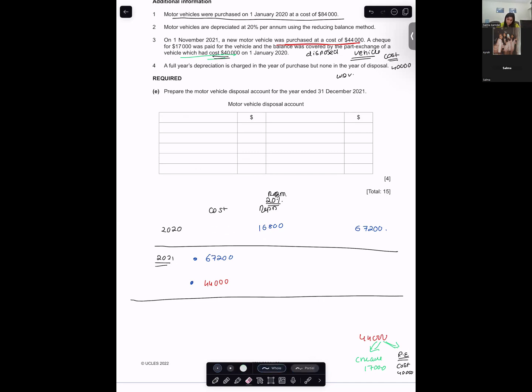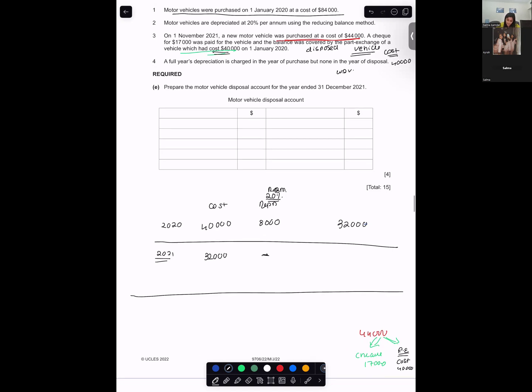You'll have to calculate it. How will you calculate? The cost is 40,000, depreciation 20%, which is 8,000. Written down value is 32,000. There was no depreciation in the year of sale, so when it was sold, the written down value was 32,000.